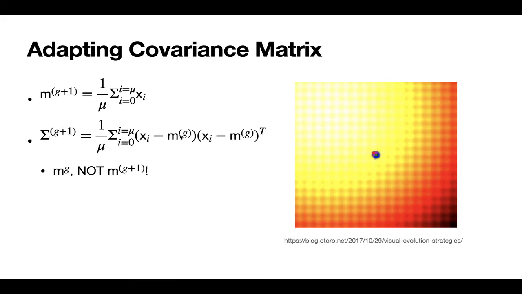But notice that the mean here is not the mean from the current generation elites, which if it were, we would just be simply calculating the covariance matrix of the elite samples. But we do not want that. And instead, we want the covariance matrix of the steps of how we arrived from the previous mean to these new elite individuals. Because intuitively, we want to exploit that information, right?